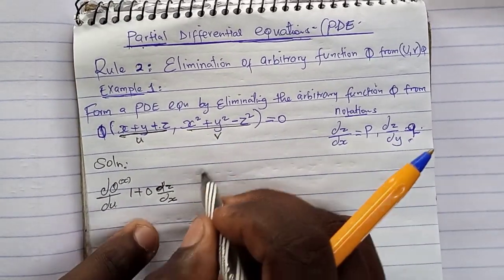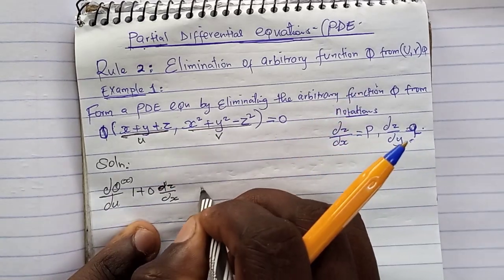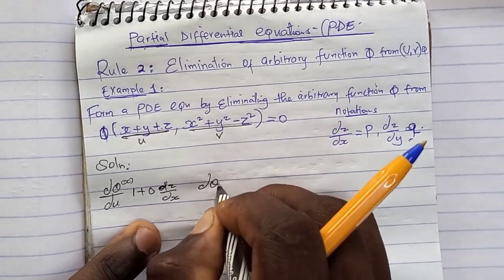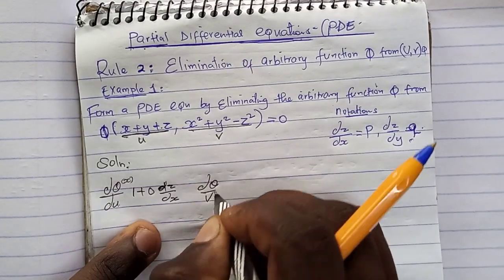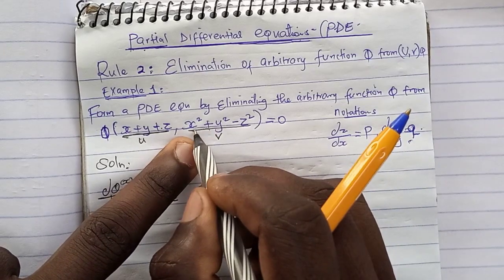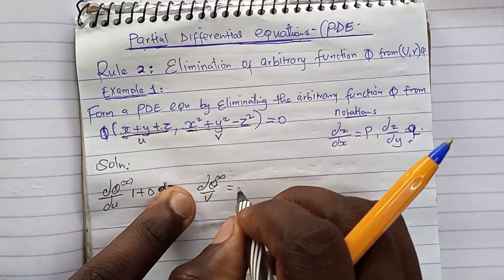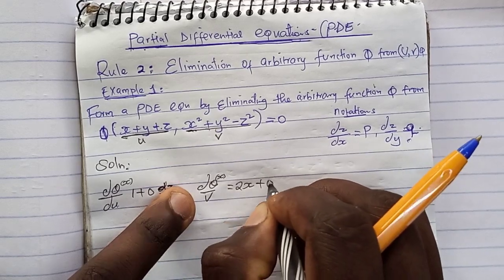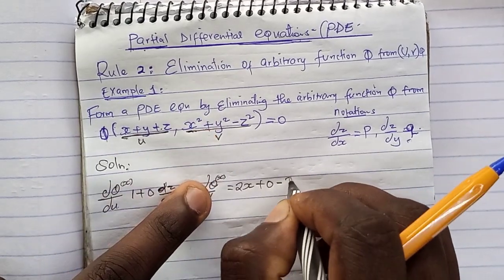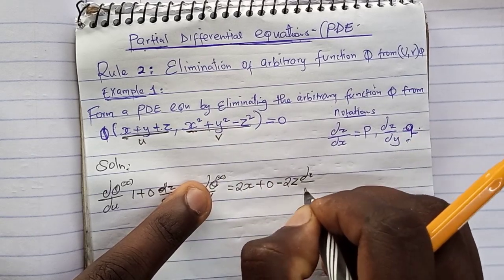Then next, we differentiate this other part, v, with respect to x. If we differentiate this one with respect to x, it will only affect the x part. So we get 2x plus 0 minus 2z partial z partial x.